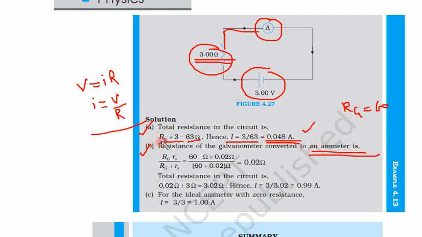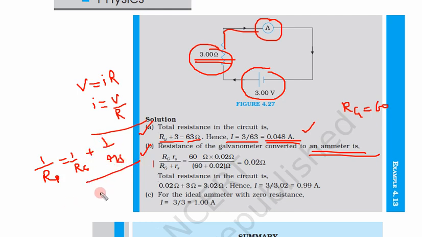So now let us see what would be the resistance. In that case, first we have to calculate the new resistance of this galvanometer and that shunt. So let us calculate that. Since this galvanometer and this are in parallel, 1 upon Rp is equal to 1 upon Rg plus 1 upon Rs.